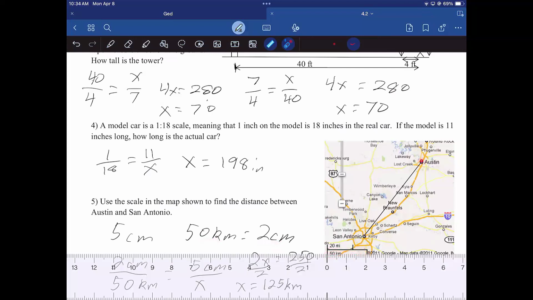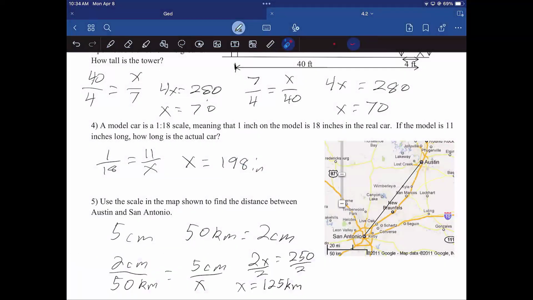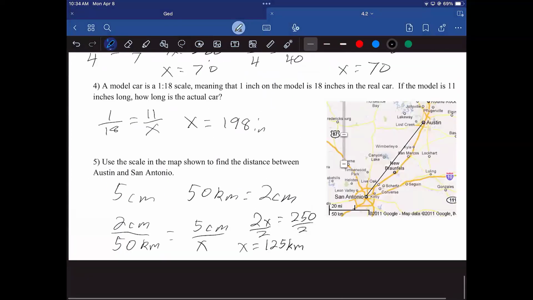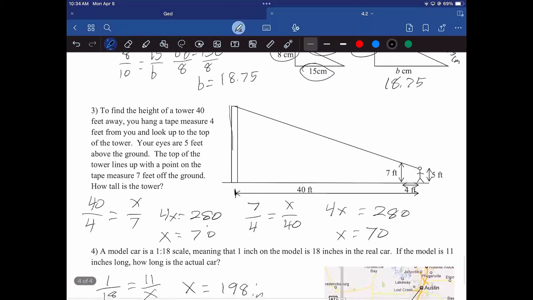Then I did the measurement of this line and I found that was going to be 5 centimeters. And that's how I set up our proportions. And that's what I thought. See, the story problems always tend to be the most fun.